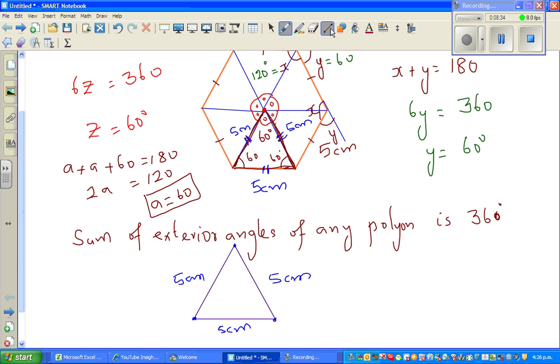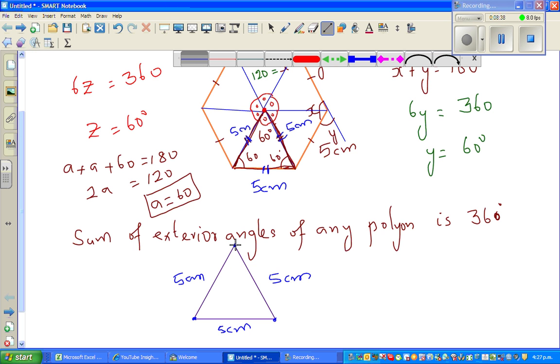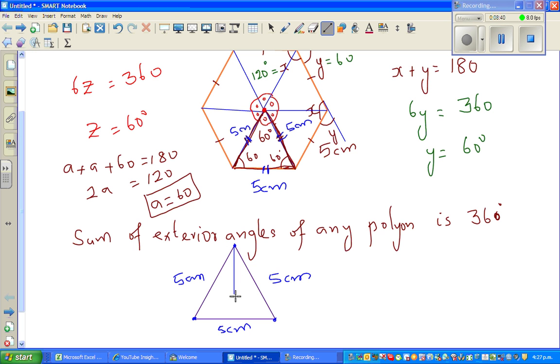What I'm going to do is drop a perpendicular from here to here. So this is a right angle, and these are equal. If this is 5, this would be 2.5.